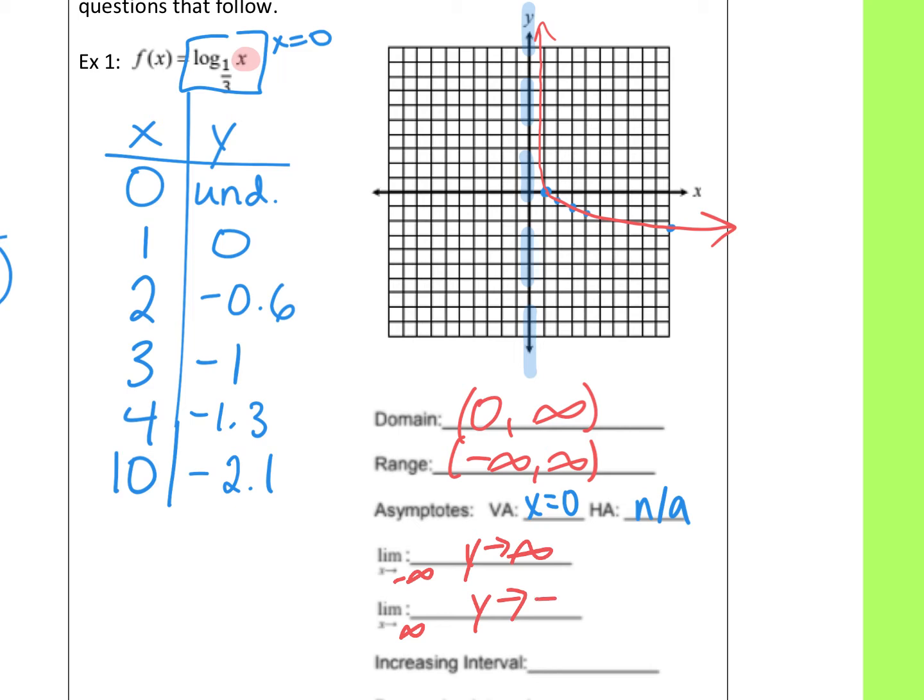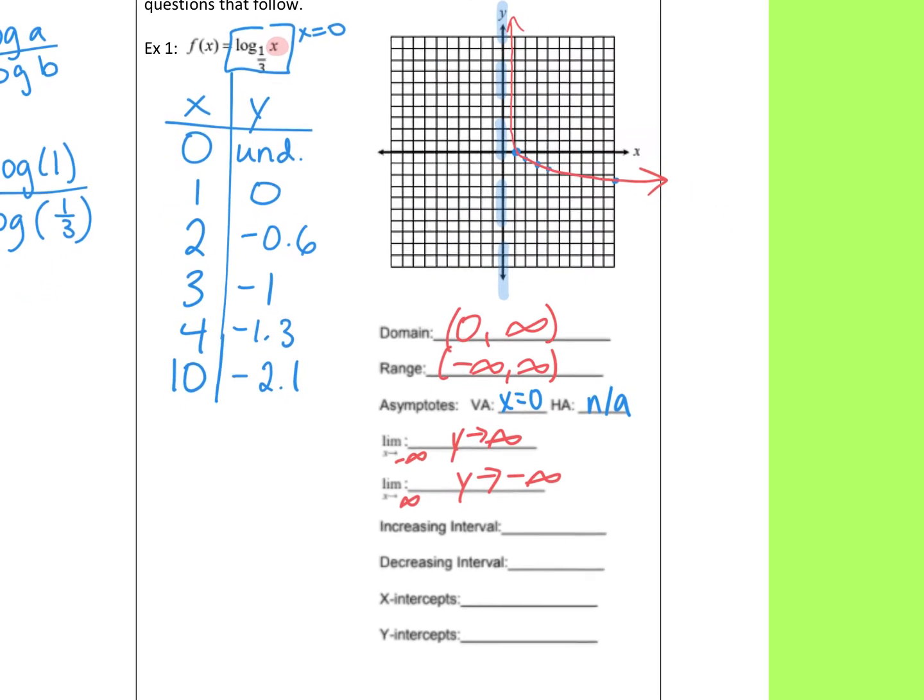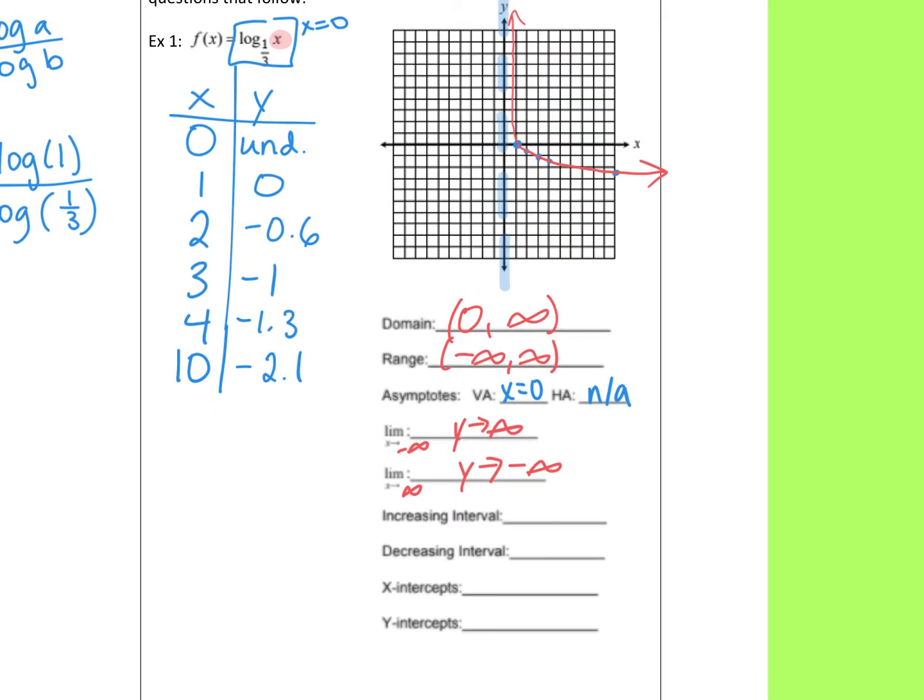Decreasing. It's going down forever. So negative infinity. Cool. Left to right, follow those arrows. Is this an increasing or a decreasing one? Decreasing, so it's not increasing. For decreasing, we just need to rewrite the domain, so 0 to infinity, good.